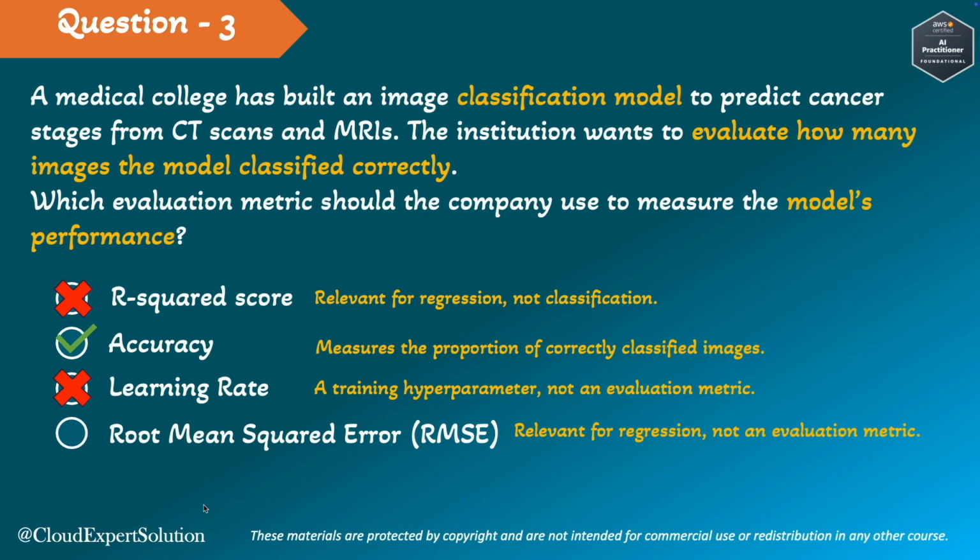RMSE is again relevant for regression. This is not an evaluation metric for classification model. That is why RMSE is also not the correct option for us. Hence, the correct option is accuracy, and accuracy measures the proportion of correctly classified images in a classification model.